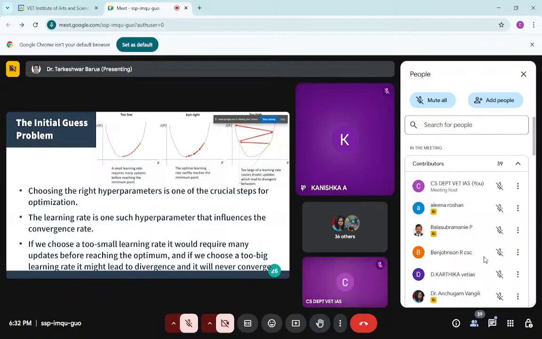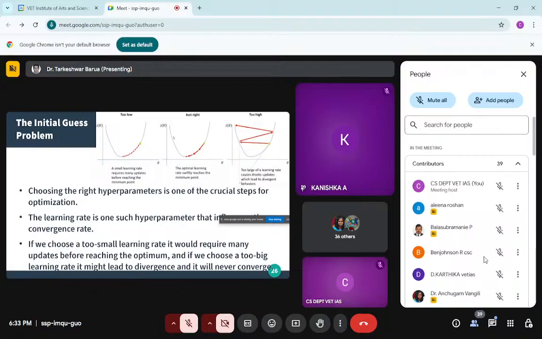If you see this, we have trained different models and we have these findings. With a small learning rate, you can see the curve is sloping to the right-hand side. A small learning rate requires many updates again and again before reaching the optimum point.